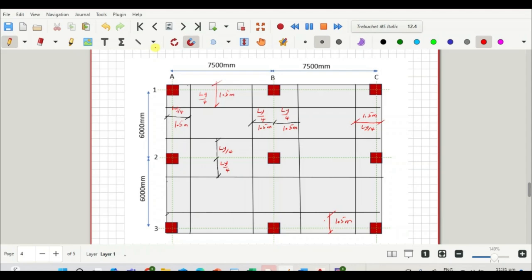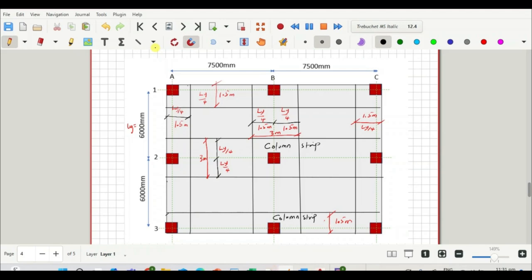Our LY is 6,000, so that will give us 1.5 meters and 1.5 meters. So the overall dimension for the column strip will be 3 meters, and the same applies to this side as well. So this is our column strip. Let's label it. This is also a column strip.